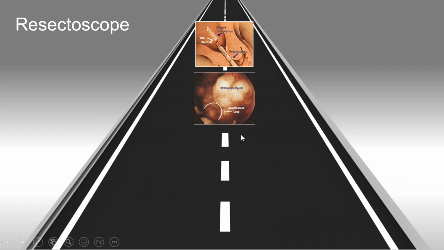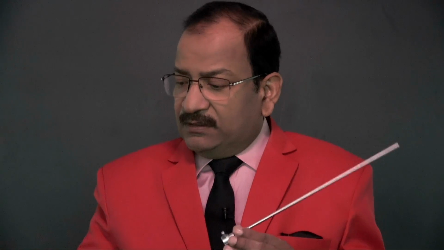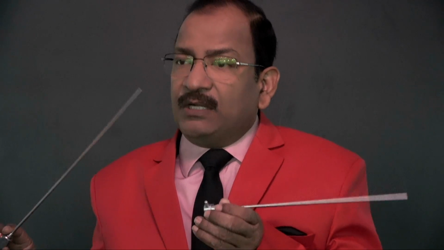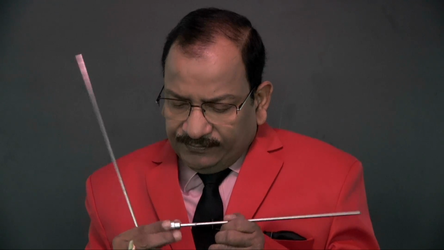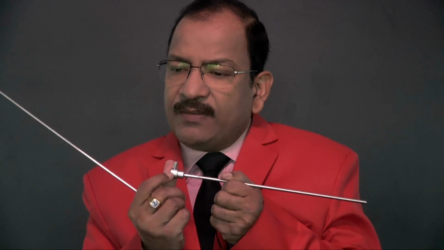Now resectoscope. Hysteroscope has different types of sheath. The first sheath is the single channel sheath. This is single channel. You have only one channel. It doesn't have fluid exit. It has only fluid input. And there is a line here, and two lines are there which should be together, parallel.